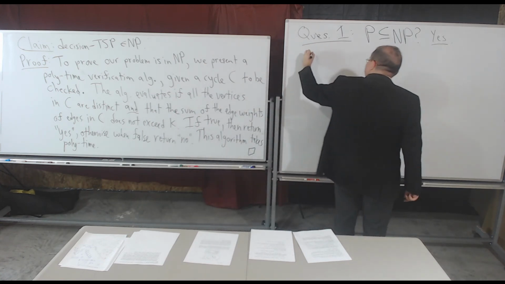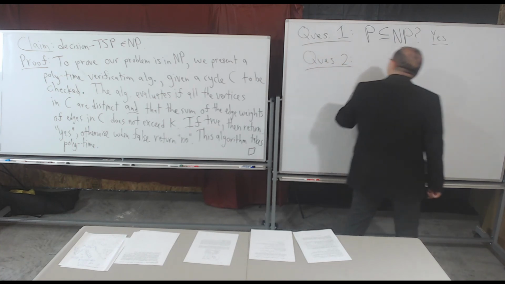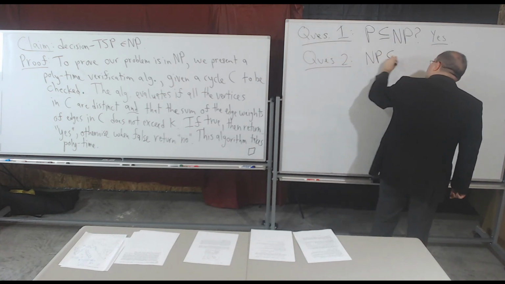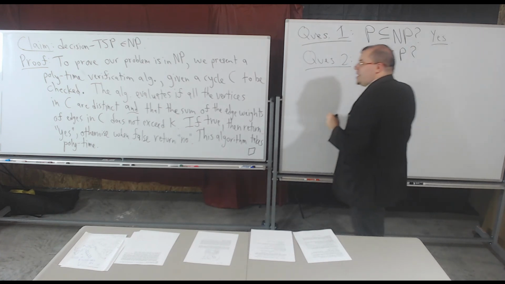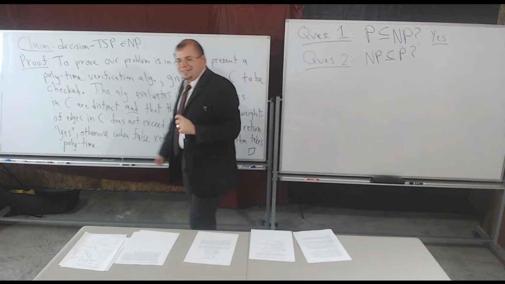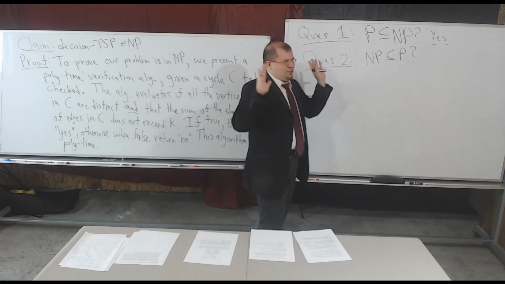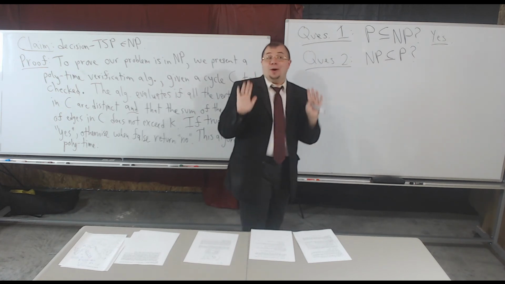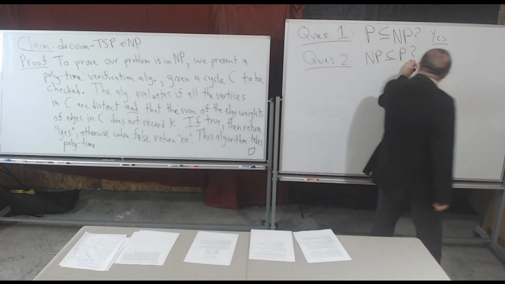Now, the other question, this is the one that's very interesting. Question number 2. Is NP a subset of P? Now, some of you might be watching this and saying, Dan, why would you have something silly? It's obvious the answer is no. Now, I don't know this, because there does not exist a formal proof for this.